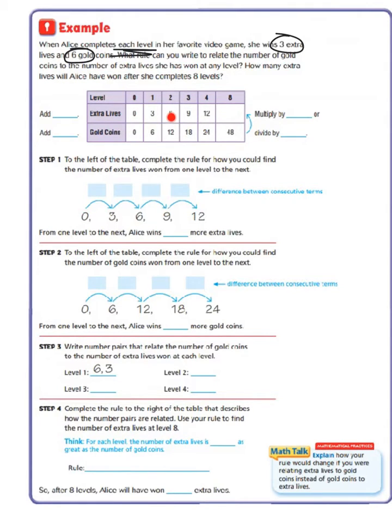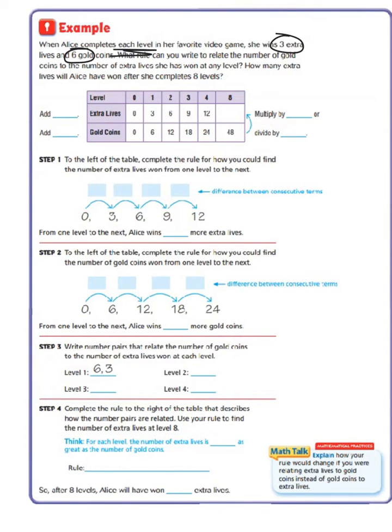When she gets 6 for the second level, she gets 12 gold coins. In the third level, she gets 9 and 18. The next level, she gets 12, because she gets 3 extra lives. 4 times 3 is 12, and 6 gold coins, so 4 times 6 is 24.